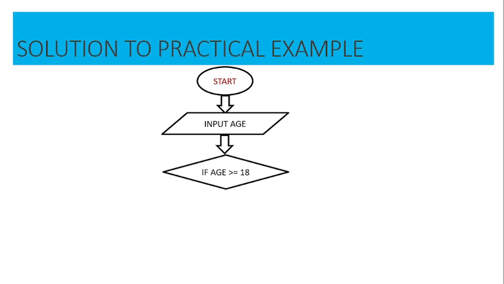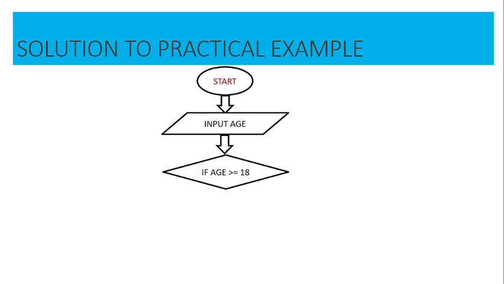Then we are now coming to check whether the age is equal to 18 or above 18. We are taking a decision. For the decision you see the diamond, and I mark that particular step.